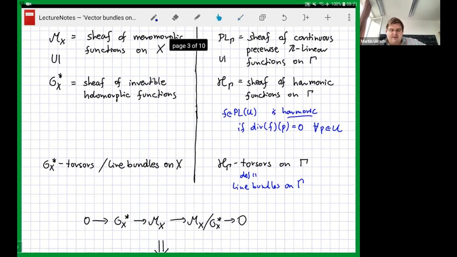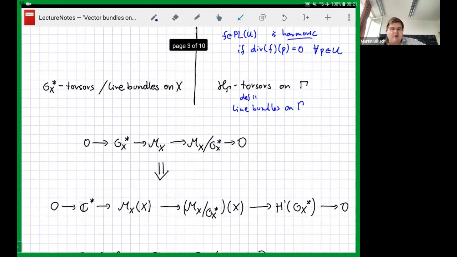This induces a long exact sequence as follows, starting from C star: global sections here, global sections here, global sections here. Now you can do some standard identifications: this thing here is the meromorphic functions on X, this thing is nothing but the divisors on X, and the induced map is the divisor map.